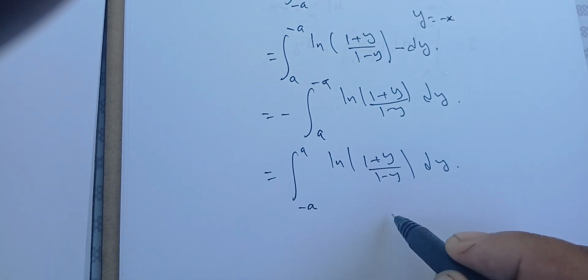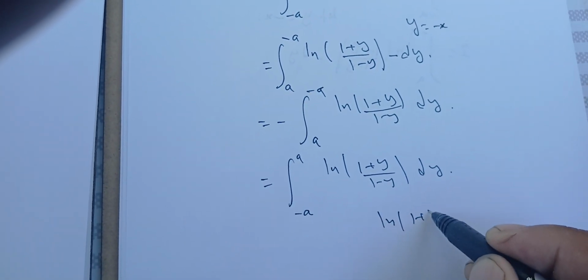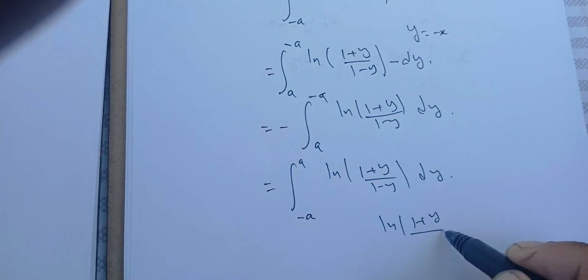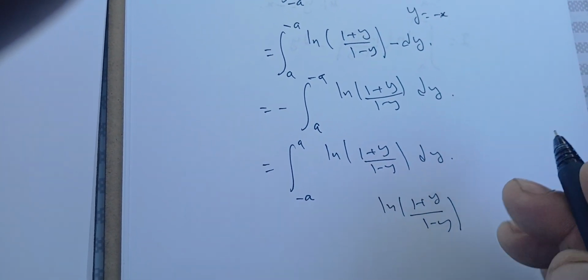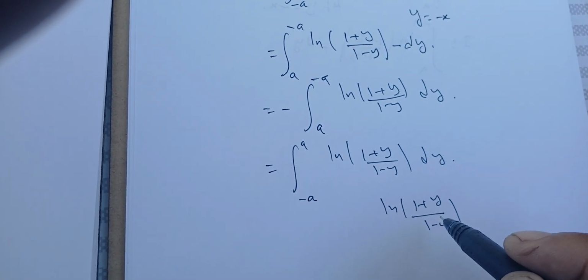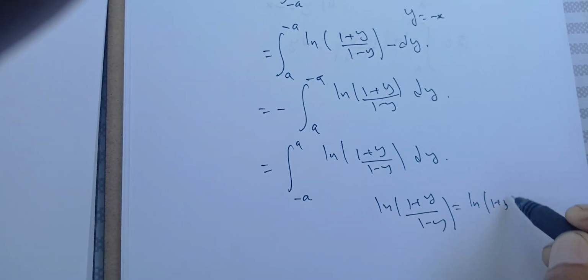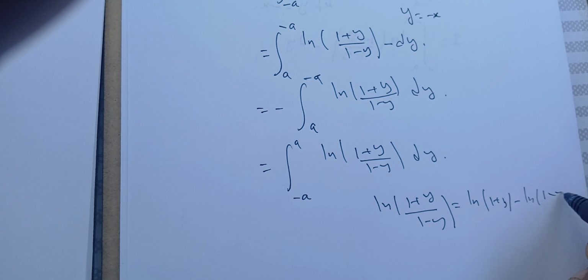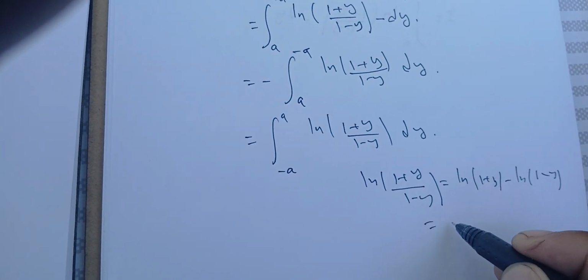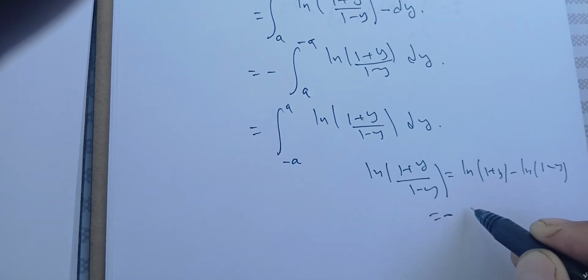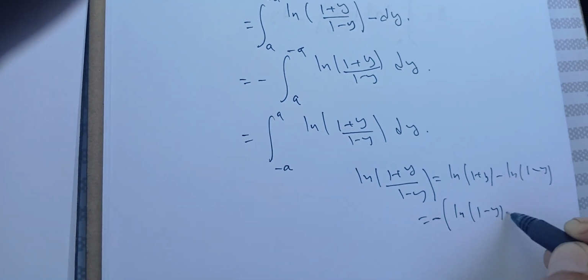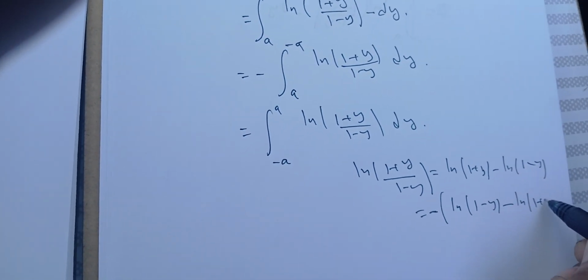If we expand this integral, we can see the following. The natural log of 1 plus y over 1 minus y is the natural log of 1 plus y minus the natural log of 1 minus y. And if we take the minus to the front, we have minus the natural log of 1 minus y minus the natural log of 1 plus y.